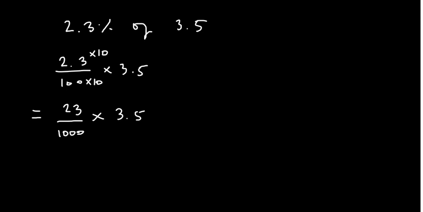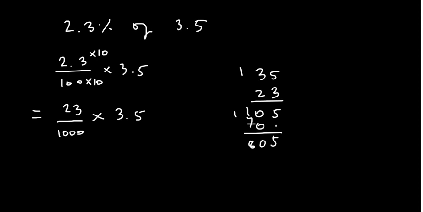And then we would just multiply 23 and 3.5. So 35 times 23 would become 805, and then you just move the point once to the left to get 80.5.